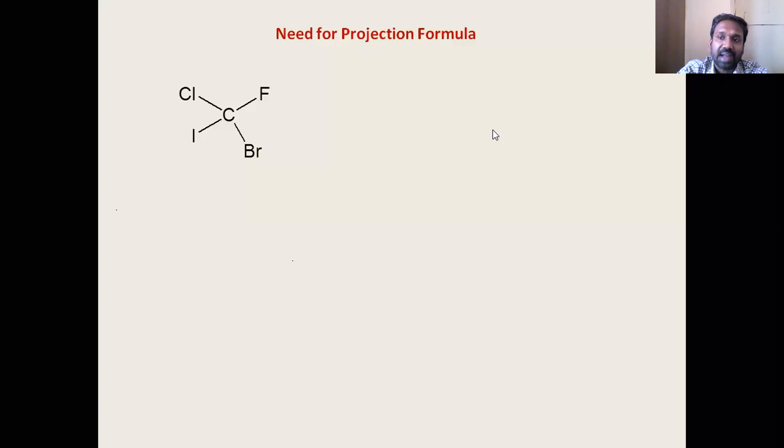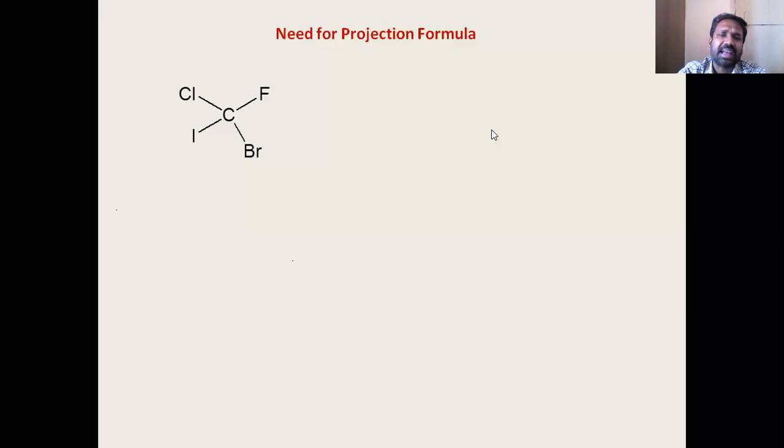Now, if I ask you to write the structure of this molecule, showing its three-dimensionality, is it possible to write it on a piece of paper, on your notes, or on my blackboard, or even a computer screen? Is it possible? No, not at all. Because how can you show a three-dimensional molecule on a two-dimensional paper?